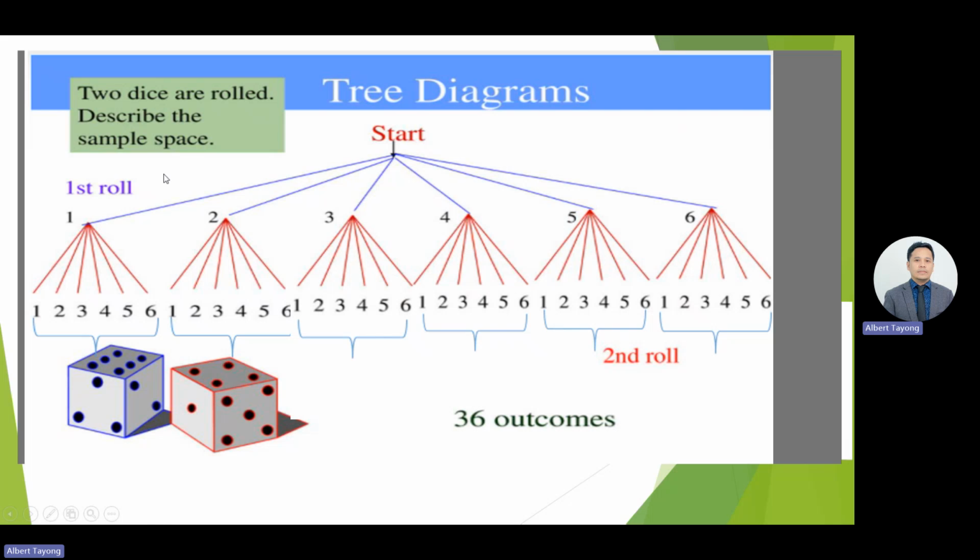The first set of pairs is 1,1; 1,2; 1,3; 1,4; 1,5; 1,6. And then followed by 2,1 to 2,6; 3,1 to 3,6; 4,1 to 4,6; 5,1 to 5,6; and the last set contains 6,1 to 6,6.